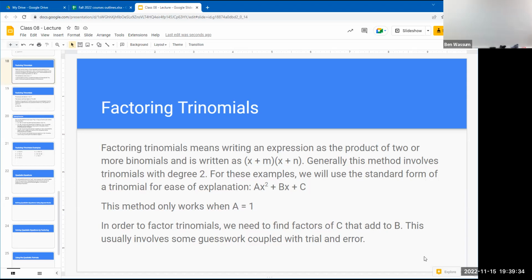But if that a is any more complicated, if there is a number on that squared term, you have to jump to another method. I don't believe that method is on the HSE or the GED, so I don't have that covered. If you need it, it is called the AC method, and you do something called factoring by grouping.